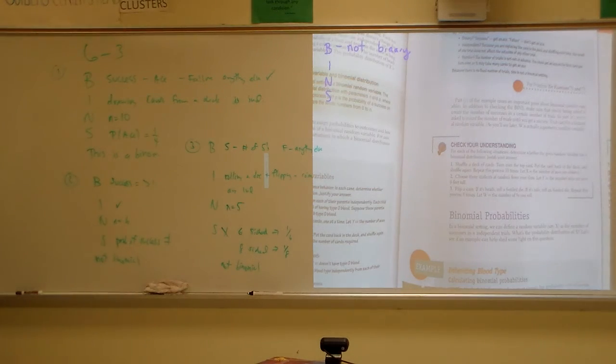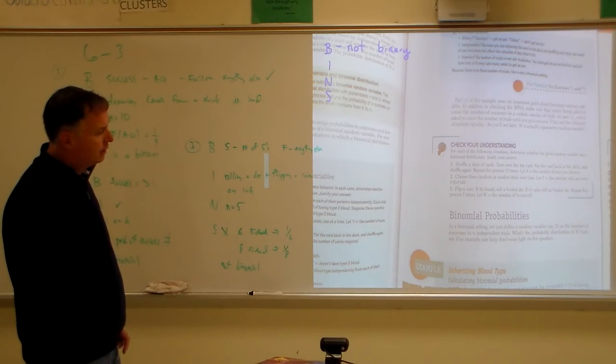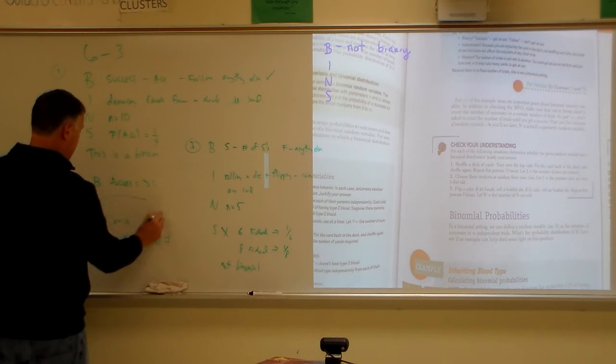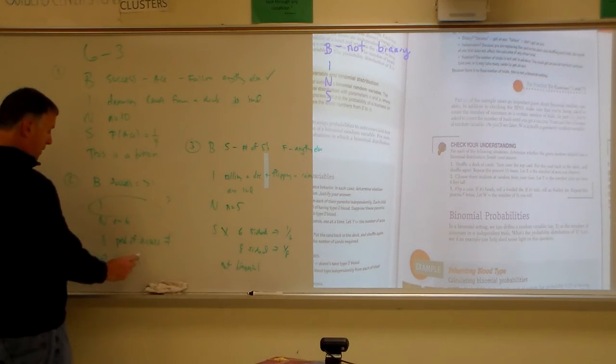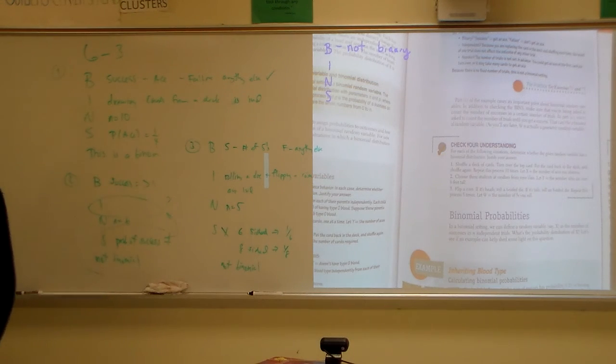Okay? Let me just see if there's anything else that I want to add to that. I think on the second one, it says choose 3 students at random from your class. I think you could also probably question the independence on that one too. Okay, I think the probability of success is going to be different, but I think you can also question whether or not that's going to be an independent event.